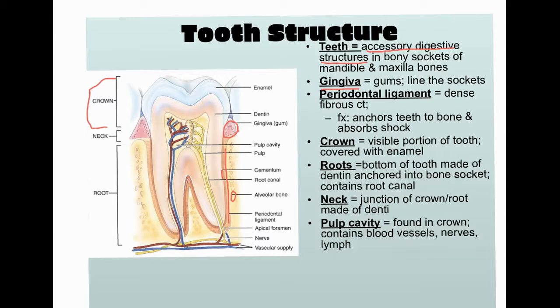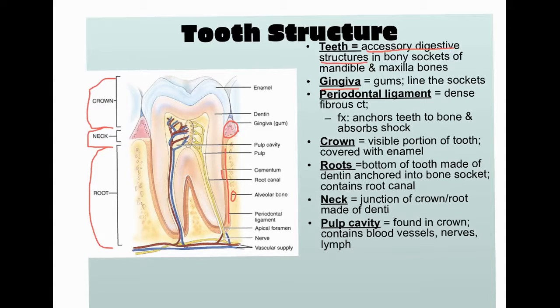The roots, which is right here, is the lower portion. It's made out of what's called dentin. Dentin is a hard calcified material that's made of mostly calcium. And between the crown and the root, you have the neck of the tooth. That's just the middle segment of the tooth.